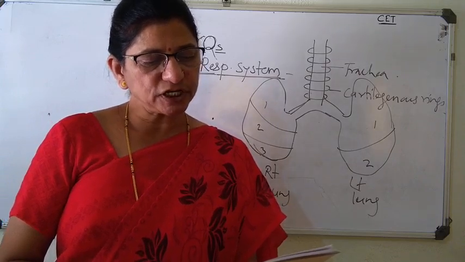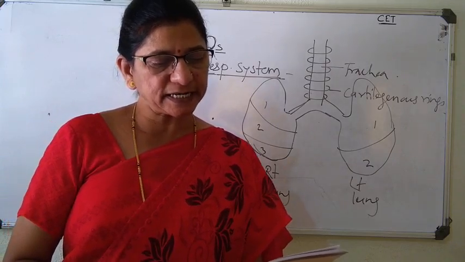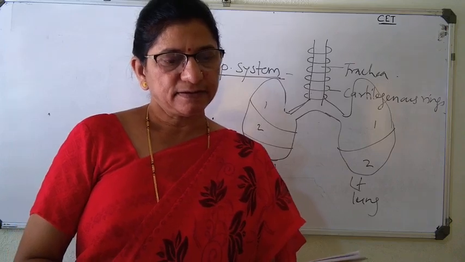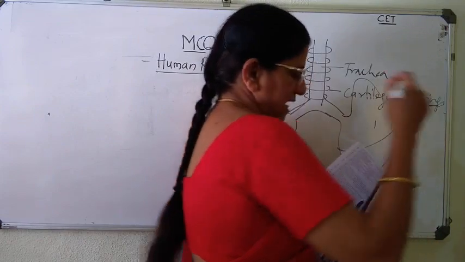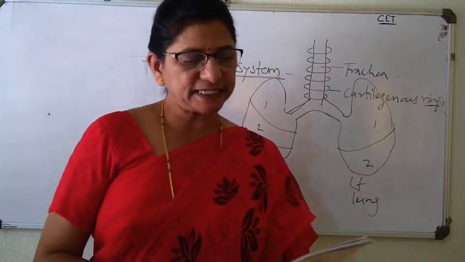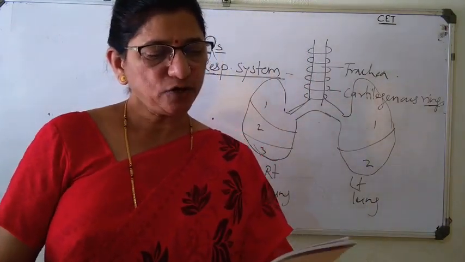Then, common features of human and insect trachea is the supporting rings. These supporting rings are absent in insects and present in humans.